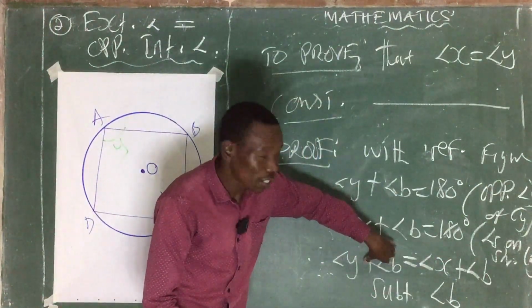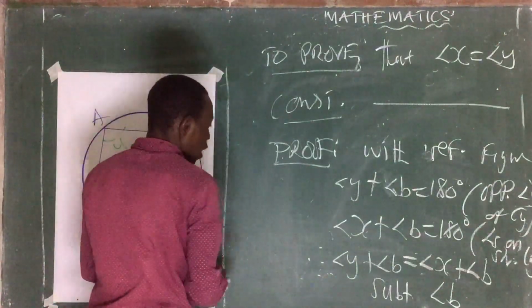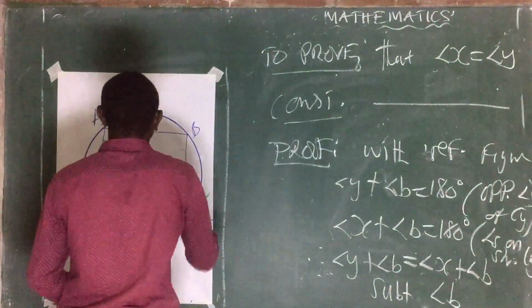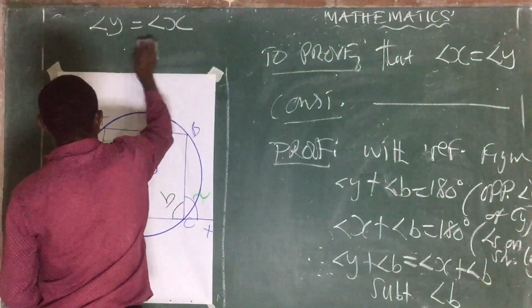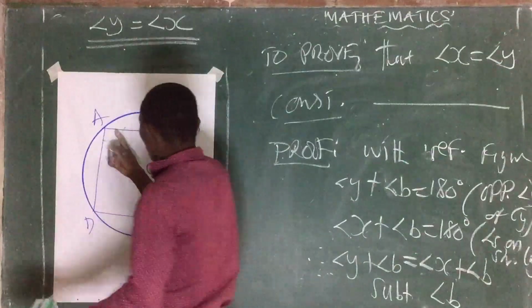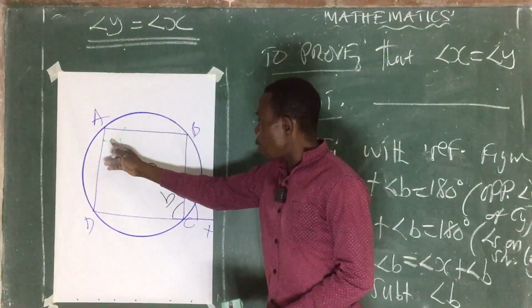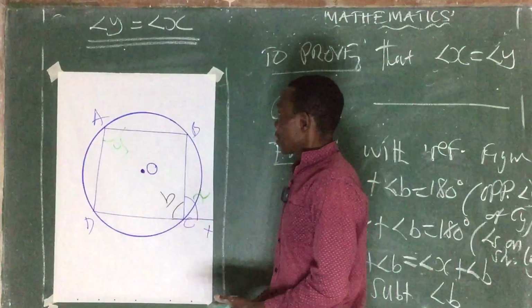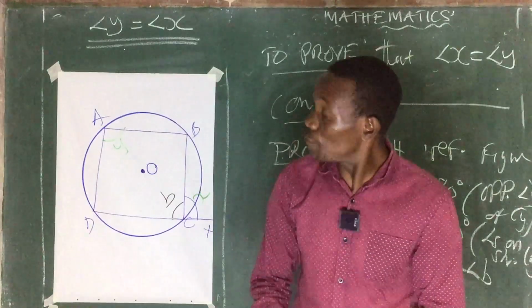After subtracting B, we have angle Y equal to angle X. Therefore, the property is really true: the exterior angle is equal to the opposite interior angle.